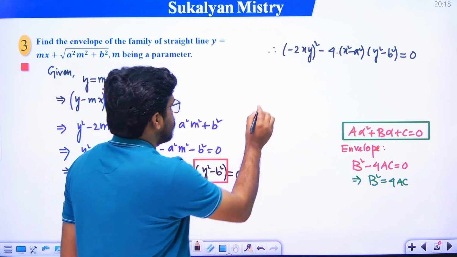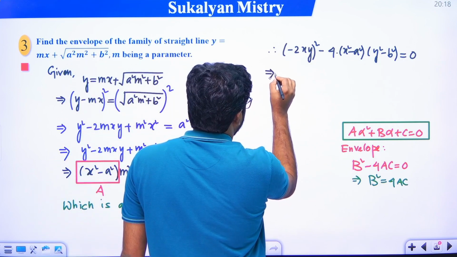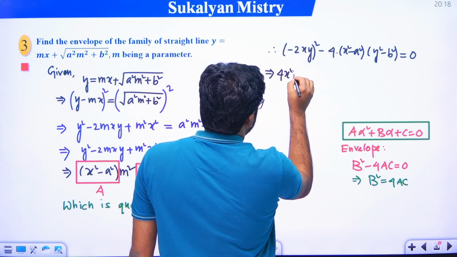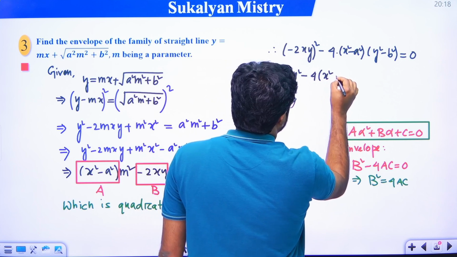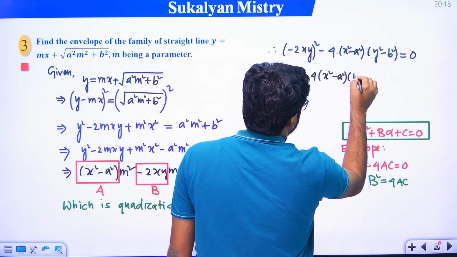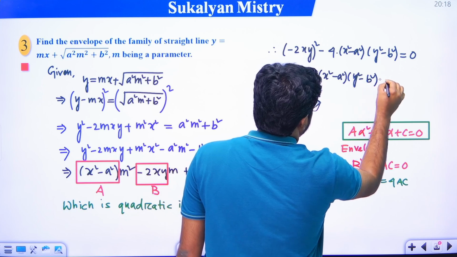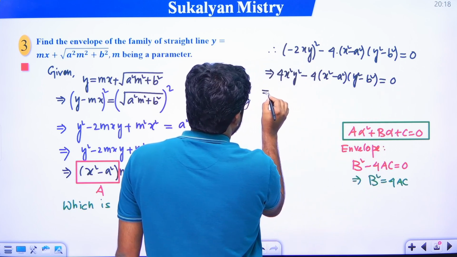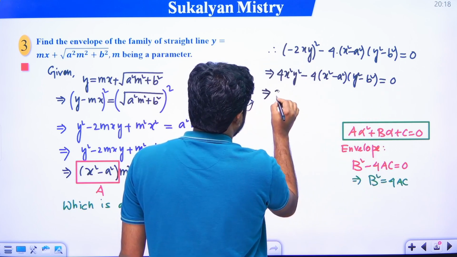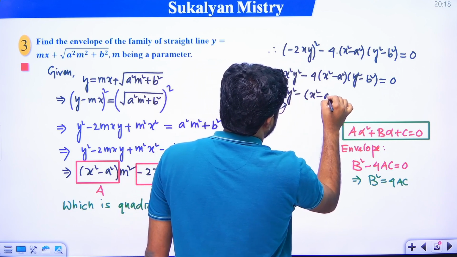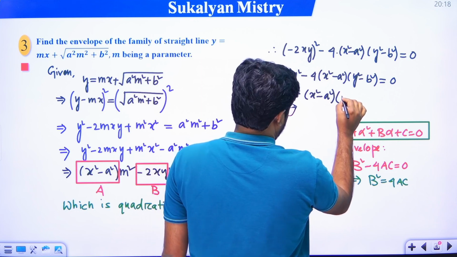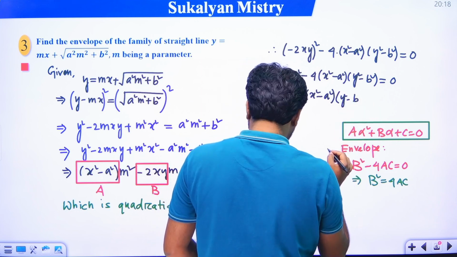Okay, so this implies 4x square y square minus 4 into (x square minus a square) into (y square minus b square) is equal to 0. So dividing both sides by 4, we get x square y square minus (x square minus a square) into (y square minus b square).